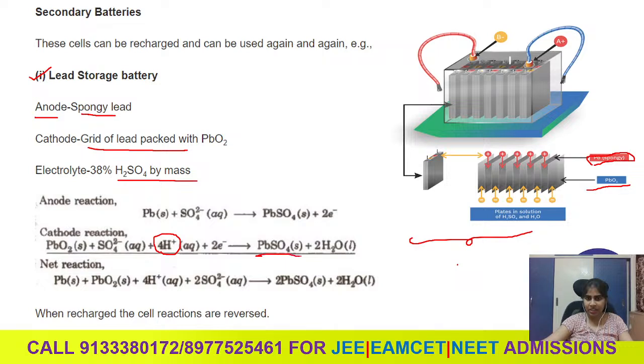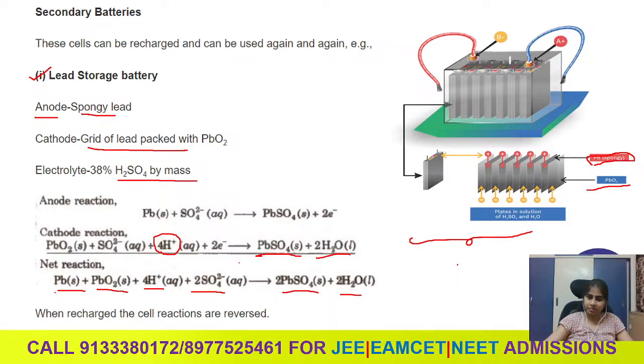It finally converts into lead sulfate, releasing water. So the net reaction of this cell will be lead solid reacts with lead oxide in presence of H2SO4, that is, releasing its H plus and sulfate ions. It converts into its sulfate form, lead sulfate, and water.